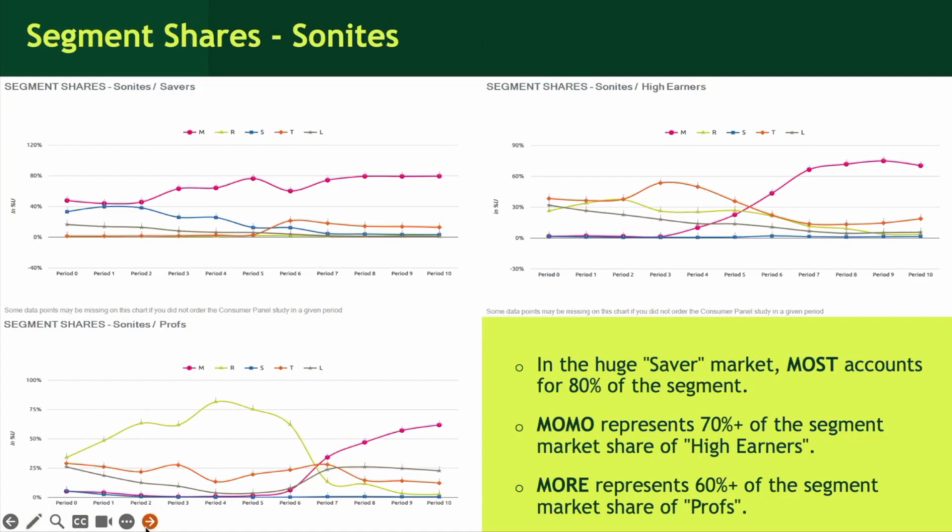In the huge Saver market, Maxon accounts for 80% of the segment, Momo represents 70% plus of the segment of High Earners, and More represents 60% plus of the Professionals.